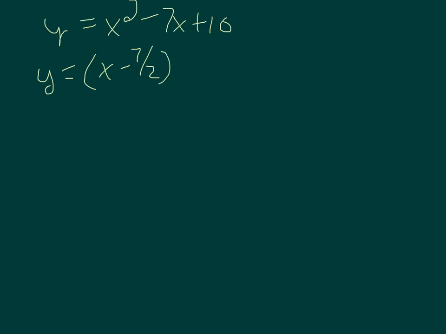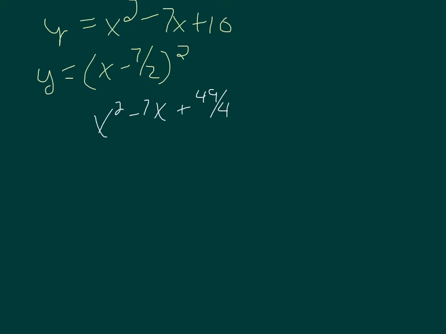And so y is x squared minus 7x plus 10. Okay? I got to y is equal to x minus 7 halves, and I squared it, which gave me 49 over 4. So when I simplify this, I'd have x squared minus 7x plus 49 over 4. Okay?